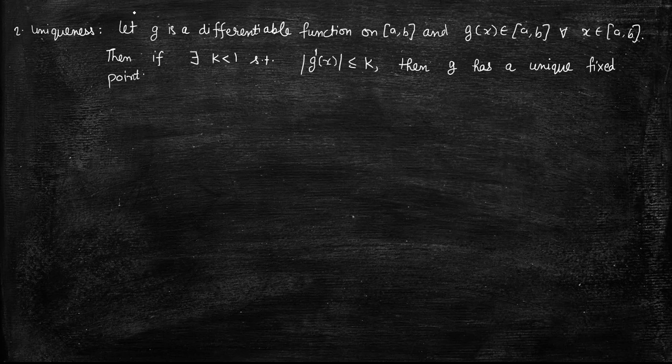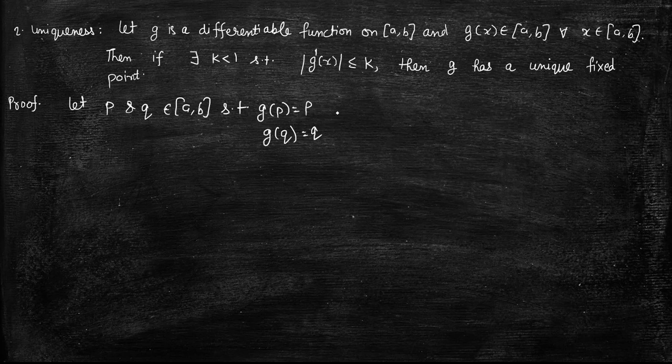So what does this mean? We will prove this by contradiction. We have to prove there is a unique fixed point, so we will assume there are two fixed points. Let p and q belong to the closed interval [a, b] such that g(p) is equal to p and g(q) is equal to q.